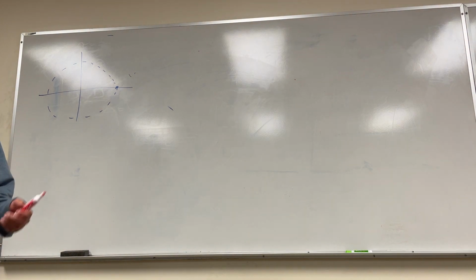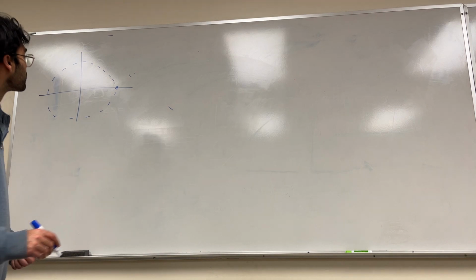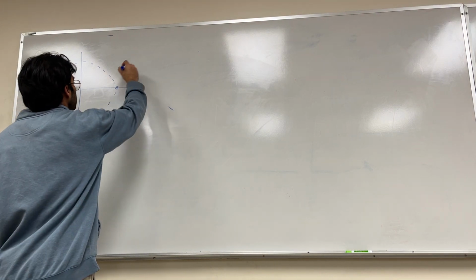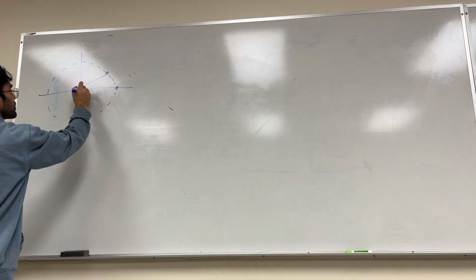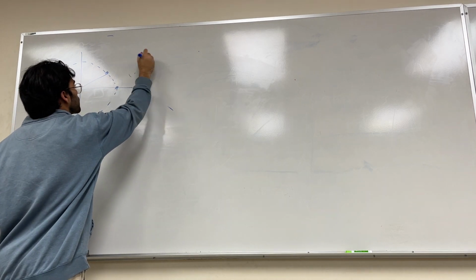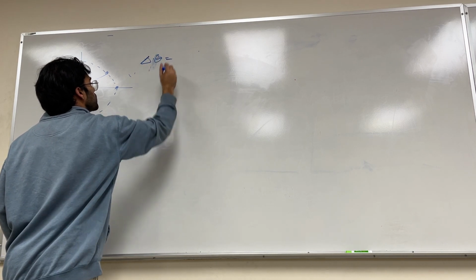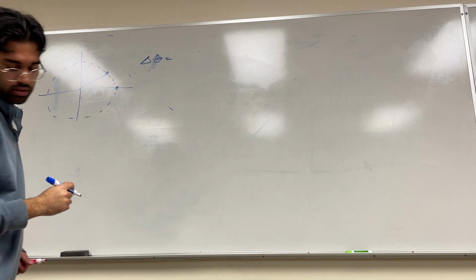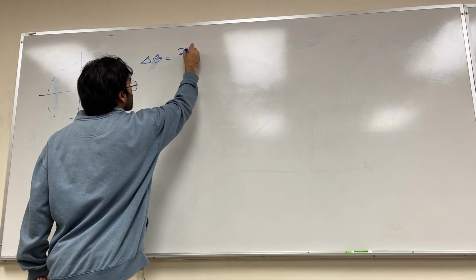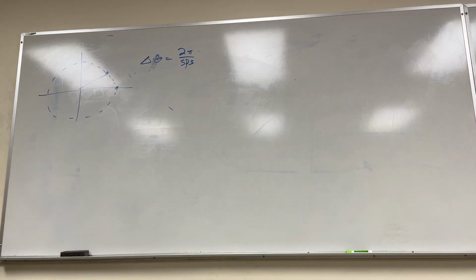So if you were to describe every sample as a step around the circle, then say this is the next point, and they're evenly spaced. This is equal to, we'll call it delta phase, delta theta, equals 2 pi over SPS, right?